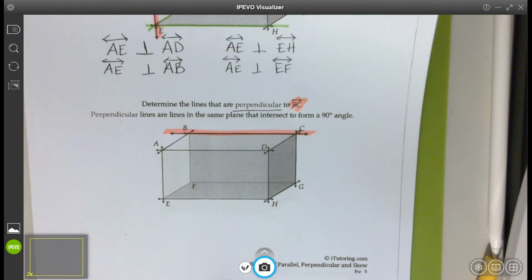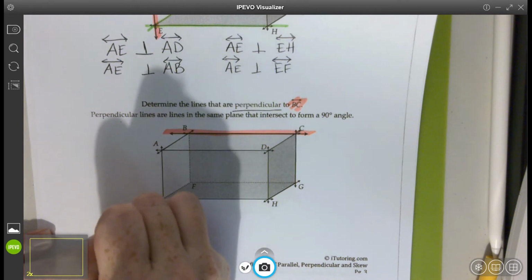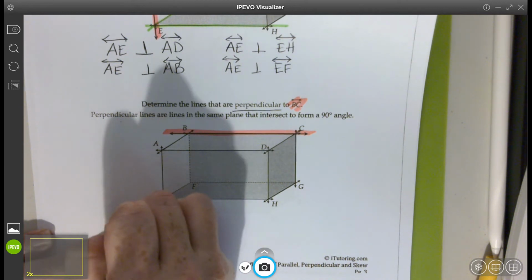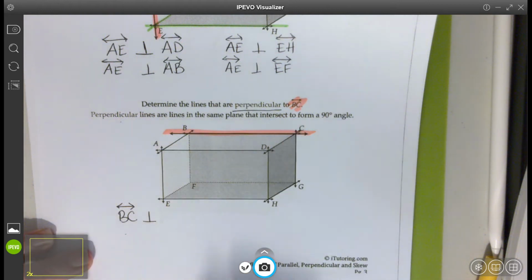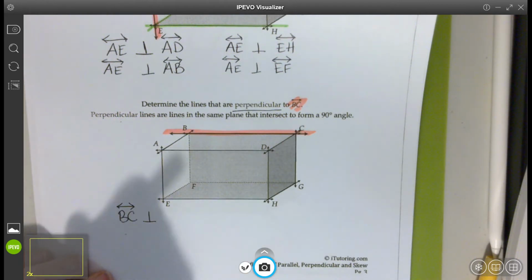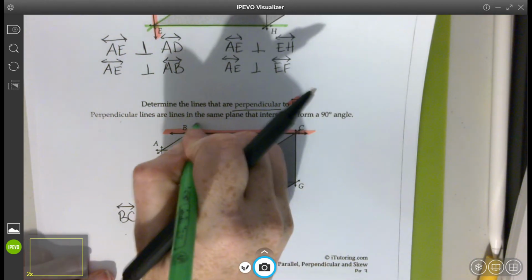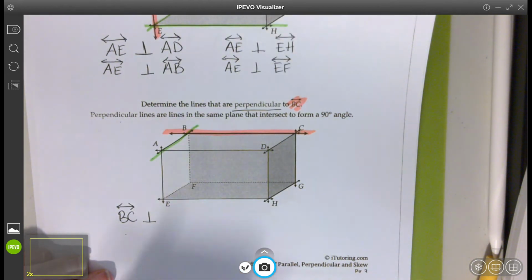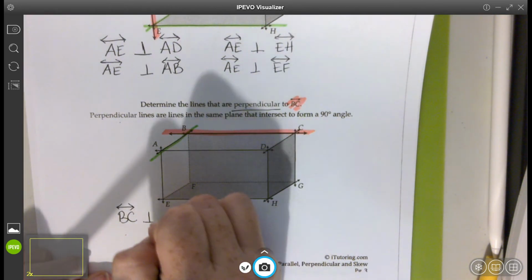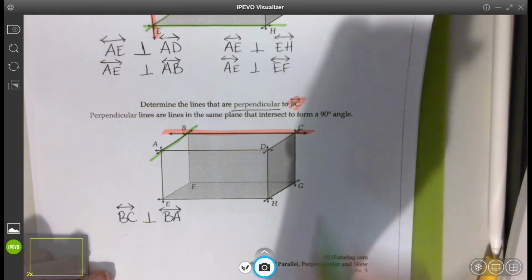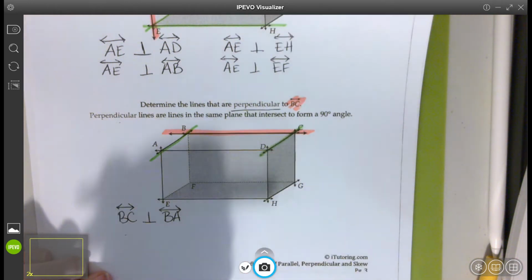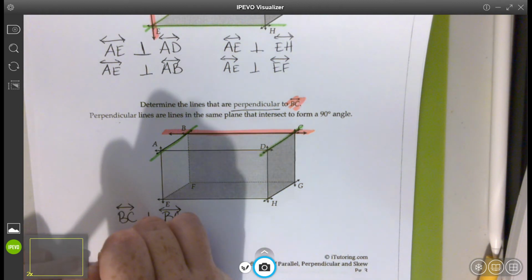All right, so now let's look at how our pairs match up. So here we have BC. Again, make sure you have that notation. BC is perpendicular to BA, CD.